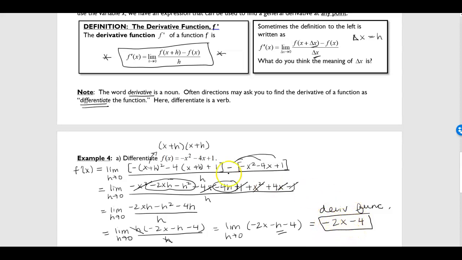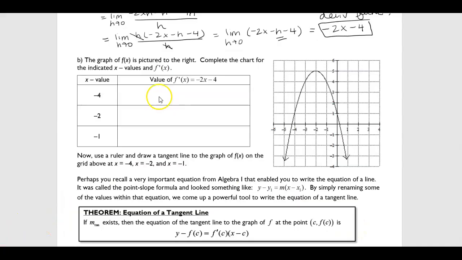So let's actually use that for part B. So since I know that f prime is negative 2x minus 4, then I can find the slopes at different x values. So for example, I can find the slope at negative 4 just by evaluating my derivative at negative 4. So I'd have positive 8 minus 4, which is 4. I can do the same thing at negative 2.